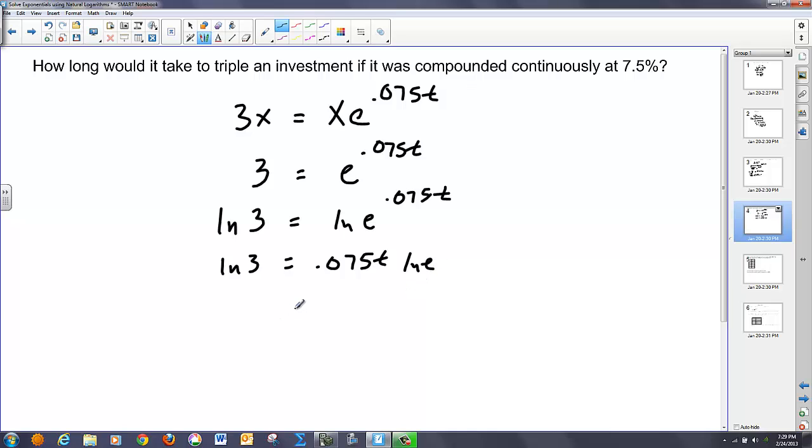We know ln e is 1, so take the natural log of 3, divide that by 0.075, and that's going to give us a value of t. And this is going to give us roughly 14.6 years.